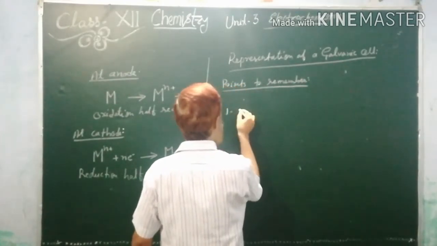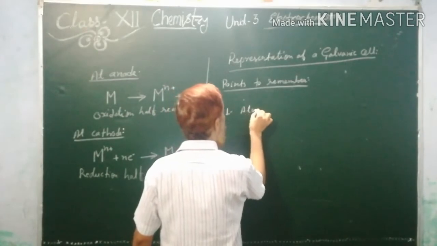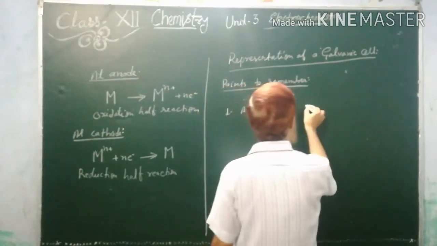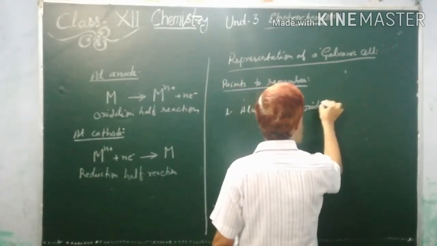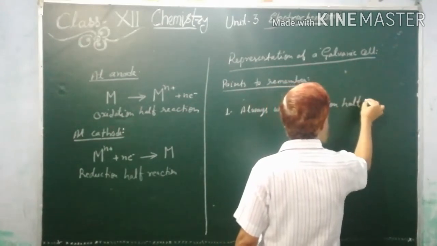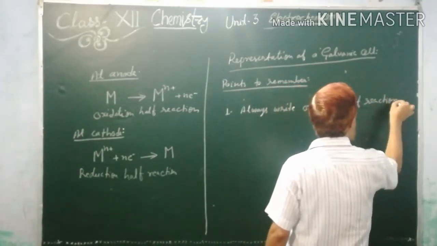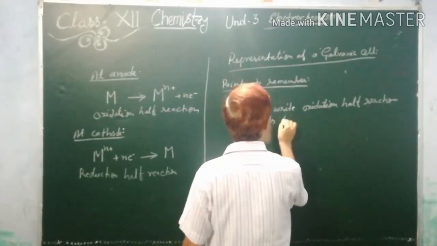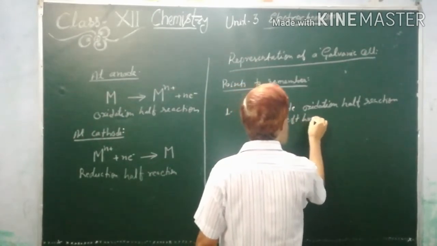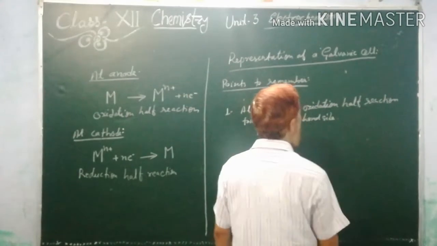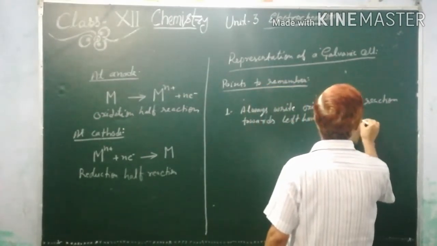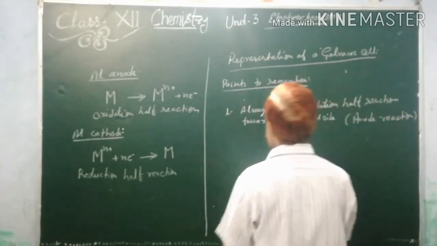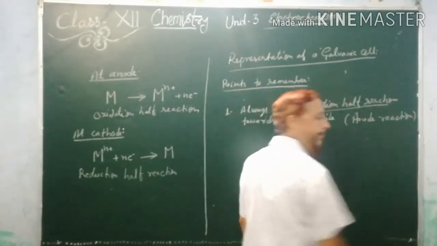First thing, always write the oxidation half reaction towards the left hand side. Left hand side means the anode reaction, means the reaction at the anode, means the oxidation half reaction.